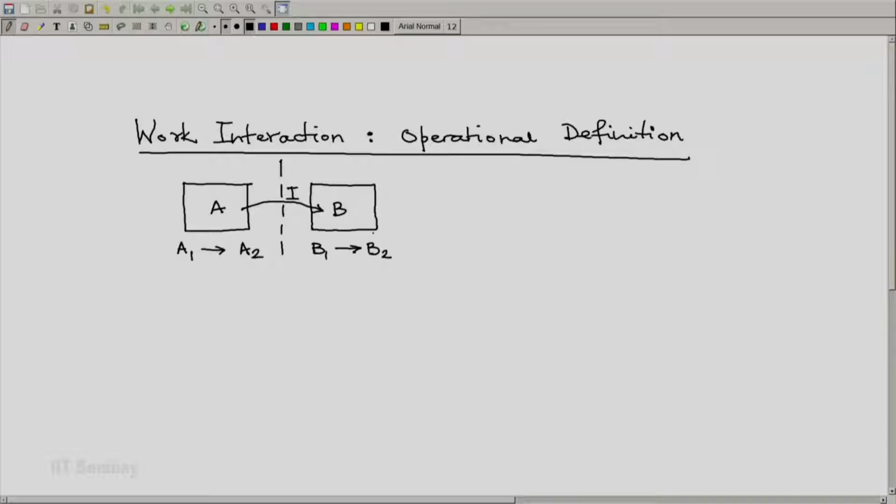The question which we now ask ourselves is: is the interaction I a work type of interaction from the thermodynamics point of view?